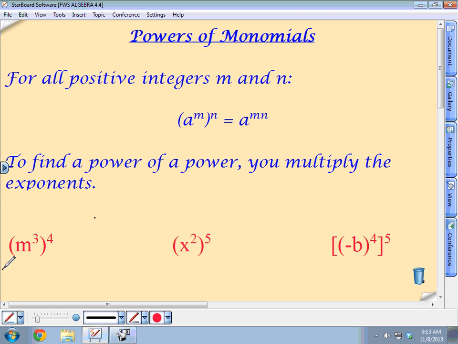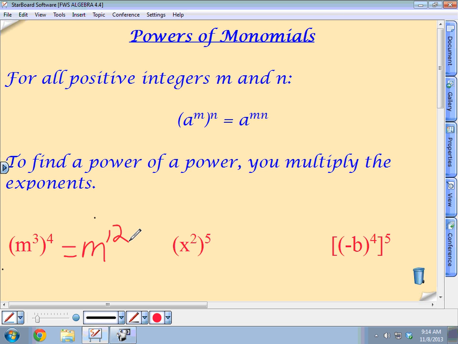Who thinks it's m to the seventh power? Raise your hand. If you think it's something else, raise your hand. What do you think it is, Tim? I think it is m to the 12th power. That's correct. When you have a power and you're raising it to another power, you multiply the exponents, and that's how you find the answer of your new monomial.